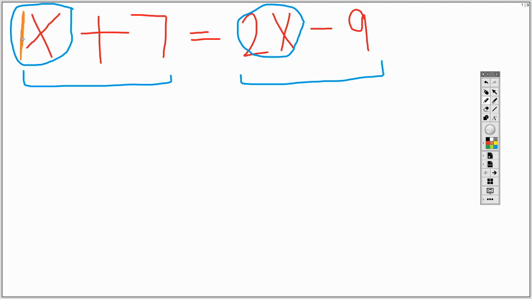So if it's written x, it just means 1 of x. The teacher's never going to write 1x plus 7. She's always going to write x plus 7. But whenever you just see x, just automatically put a 1 in front of it. This will make your life 10 times easier. And this is the part where many kids get confused. So just always put an imaginary 1 in front of it, right?